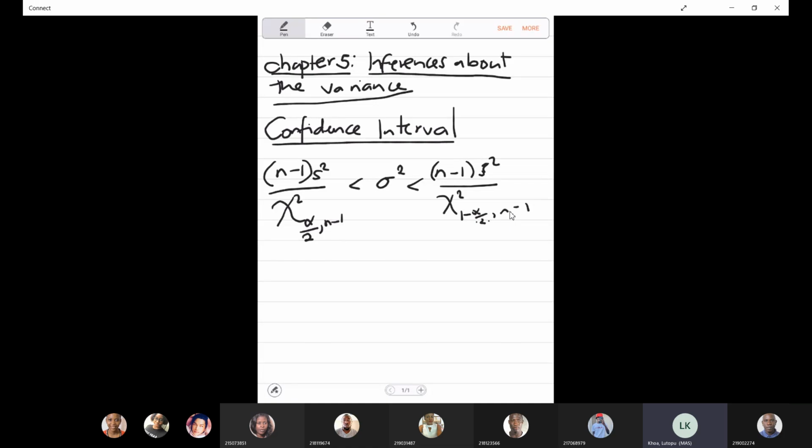The chi-square looks something like this, and it is not symmetric. Unlike the T and the Z, which were symmetric, this one is not. But the reading, everything else, we will do in pretty much the same way.